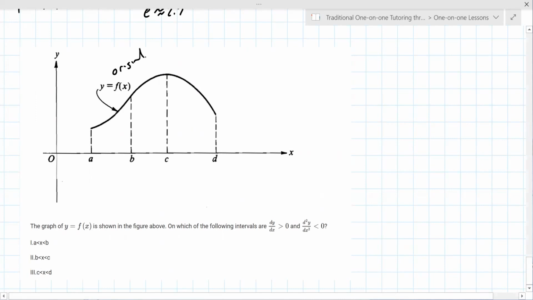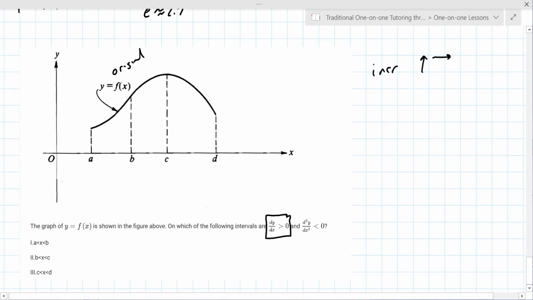So the rules change. You can't say, it's always above 0, so it's increasing. No, it's increasing from A to C because it's going up and to the right. Increasing on the original means it's going up and to the right. They're asking, on which interval is the derivative greater than 0?